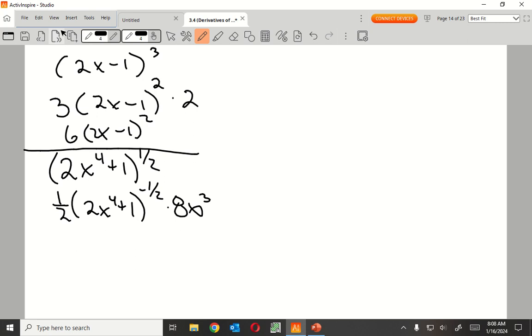And so let's clean this up a little bit here. So I'm just going to multiply the 1/2 and the 8. So that's going to be 4x to the third times (2x to the fourth plus 1) raised to the negative 1/2.